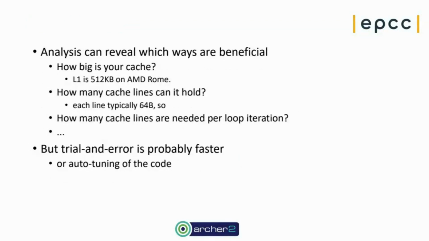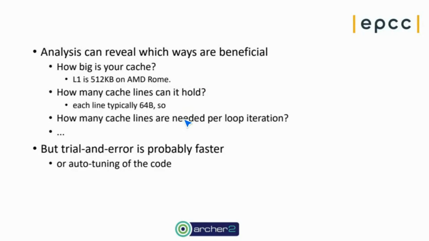Okay, we'll come on to an example in a minute, but you can do some calculations to think about what might be beneficial. In other words, think about how big is the cache that you're targeting with the blocking, how many cache lines can it hold, and then how many cache lines are needed for each loop iteration, and so on.